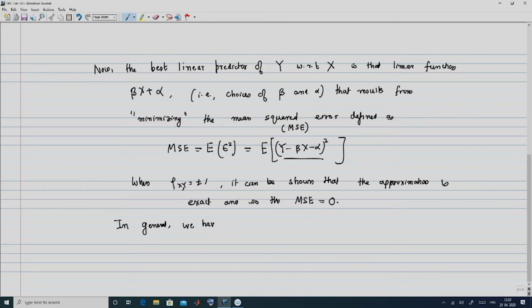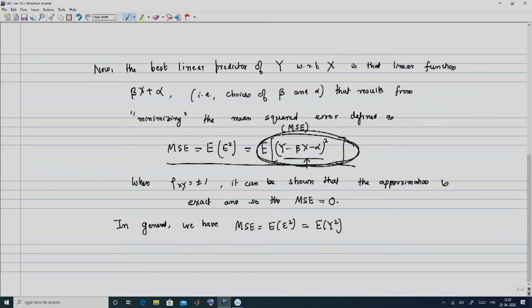So in general, what we are going to do is look at the expression of MSE and expand the right hand side of this. So MSE is expected value of epsilon square. This turns out to be equal to expected value of y square. I am basically squaring the term inside and using the linearity property and scaling property of expectation.